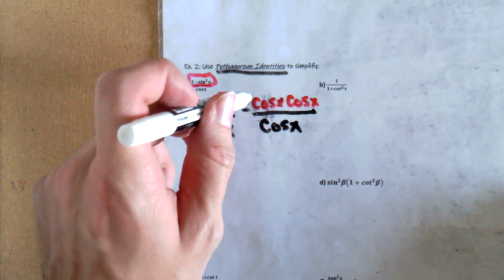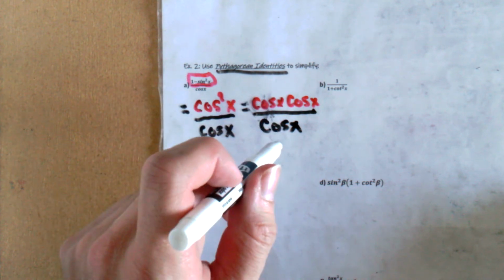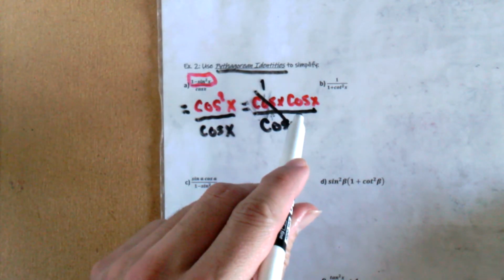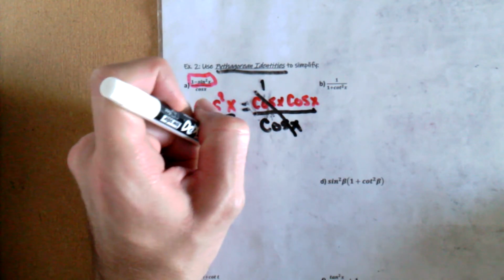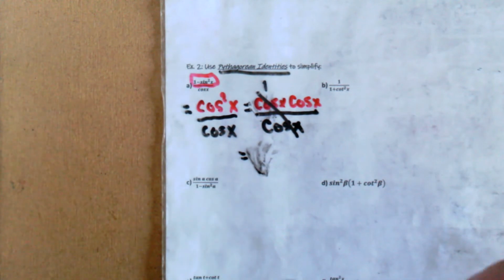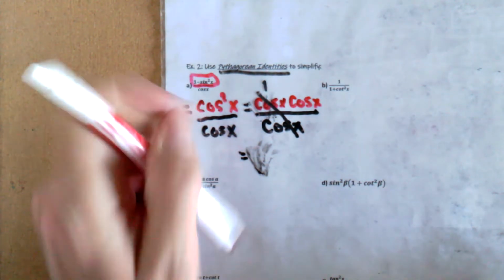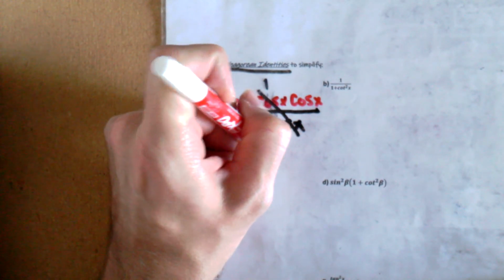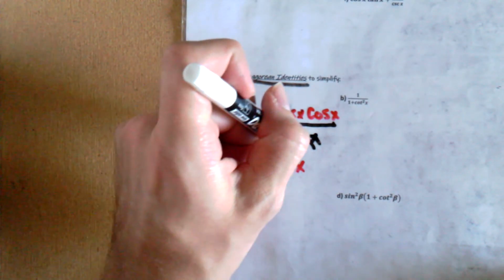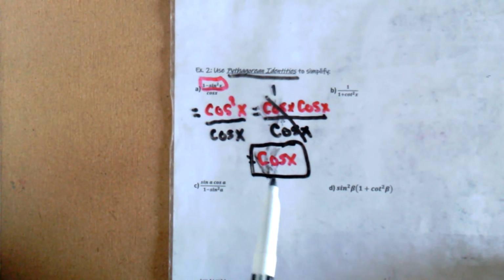Yeah, because we have cosine on the top and cosine on the bottom. Cosine divided by cosine is just 1, so we're left with just cosine. I'll write that in red to match. So we have cosine as our answer, because cosine is definitely as simplified as possible. No fractions, and we have 1 term.